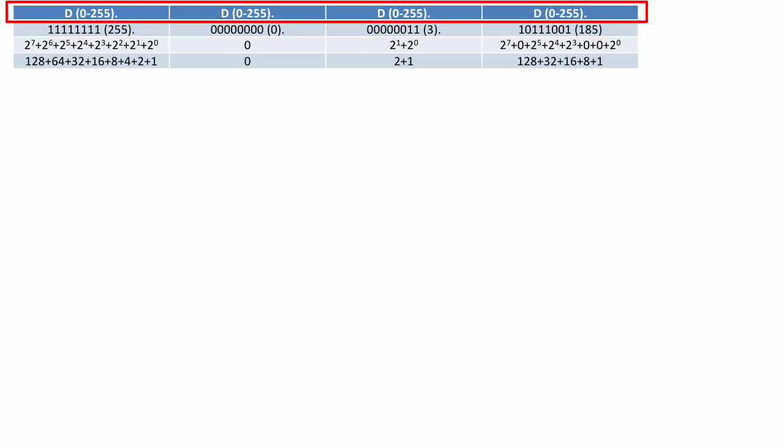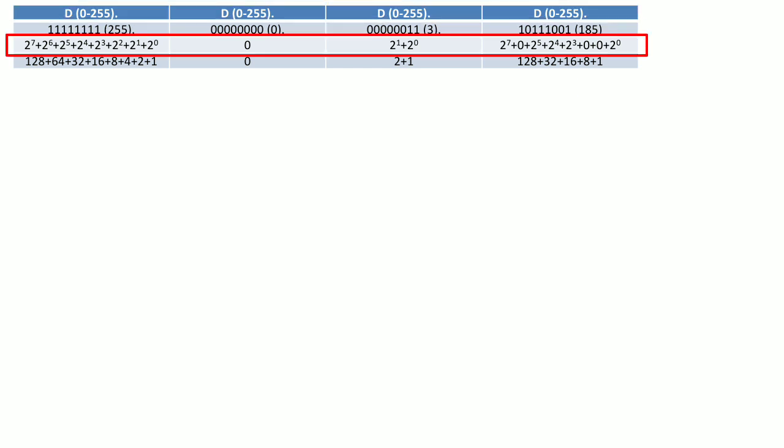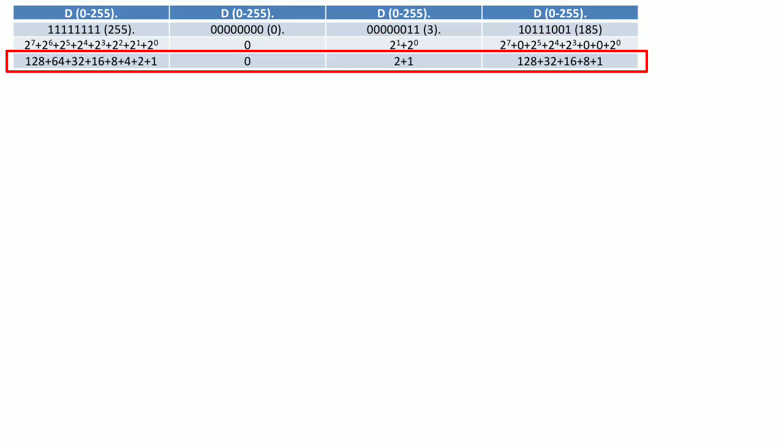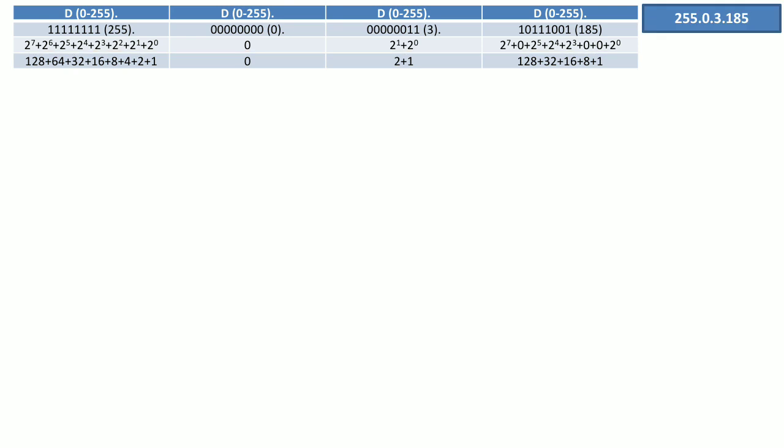And in the last row you can see the decimal values which all these bits are making. So once you perform this calculation, you get the decimal value in which this IP address is reflected.